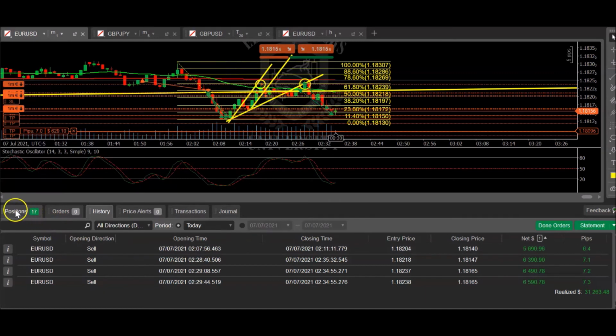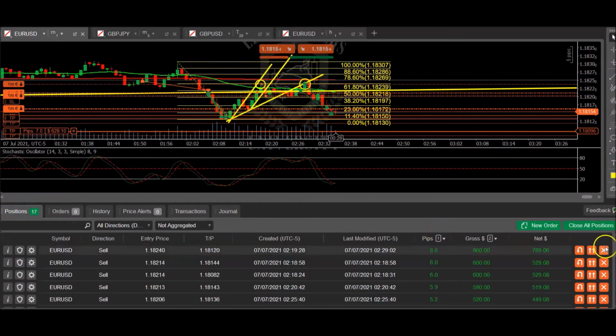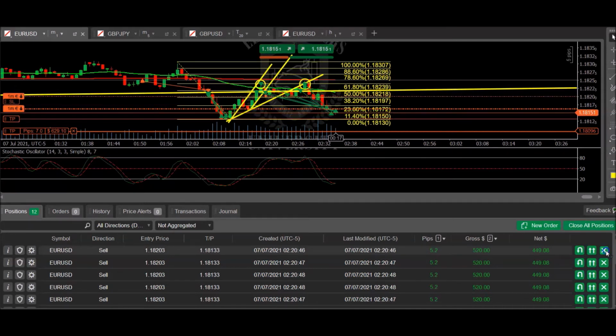And we can probably even start lightening the load up too. You can start closing these out. $598 there. $520 there. Just harvesting.